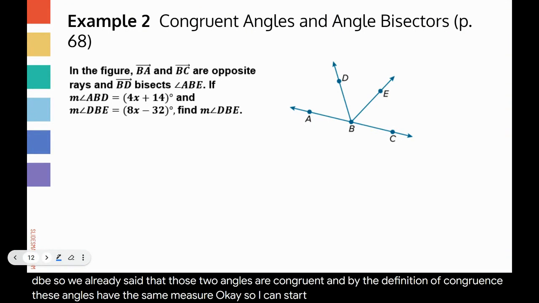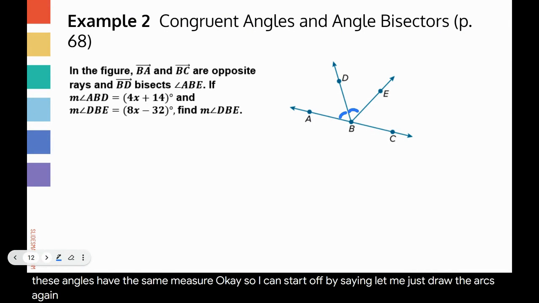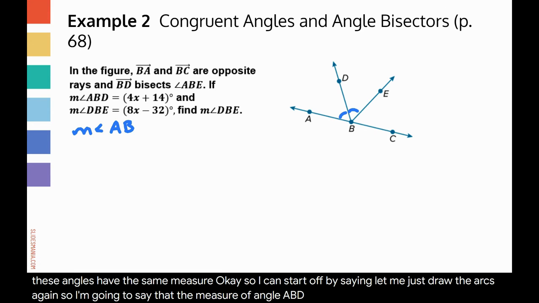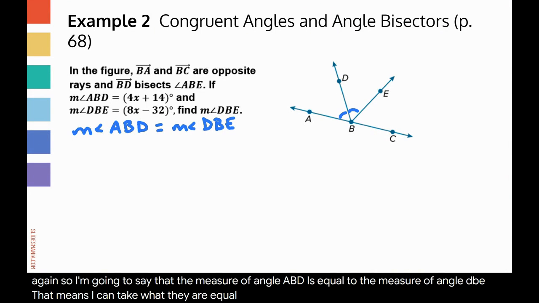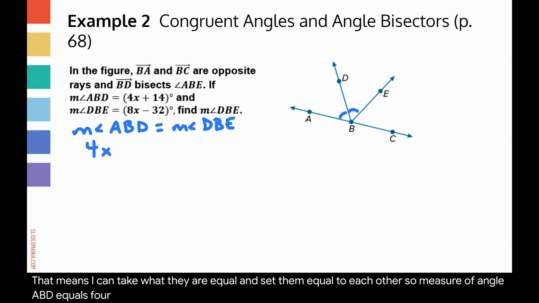So I can start off by saying, let me just draw the arcs again, that the measure of angle ABD is equal to the measure of angle DBE. So I can take what they are equal to and set them equal to each other. Measure of angle ABD equals 4x plus 14, and the measure of angle DBE equals 8x minus 32.